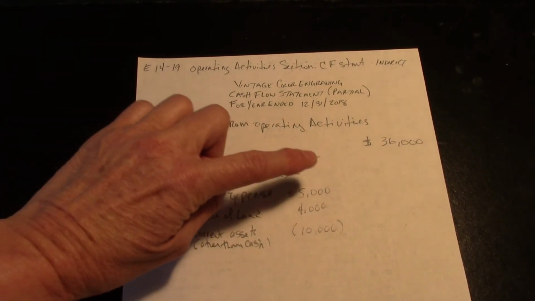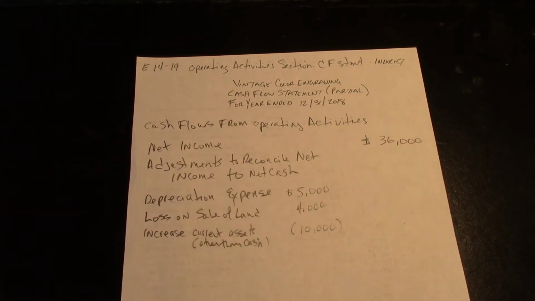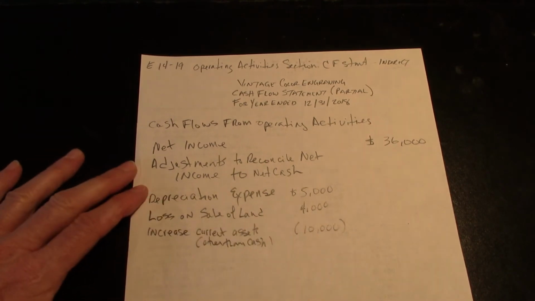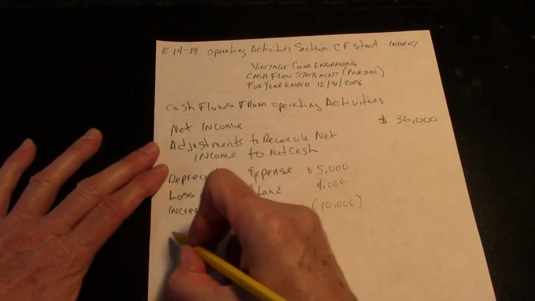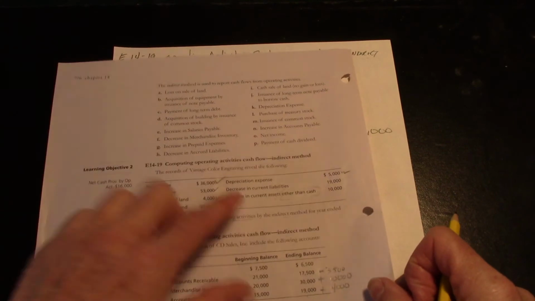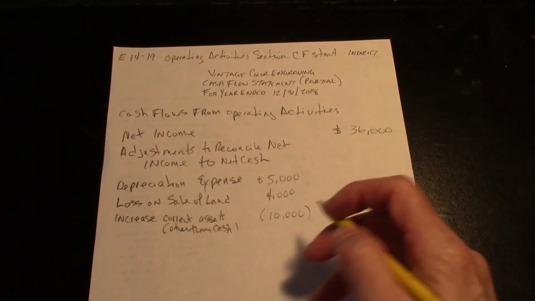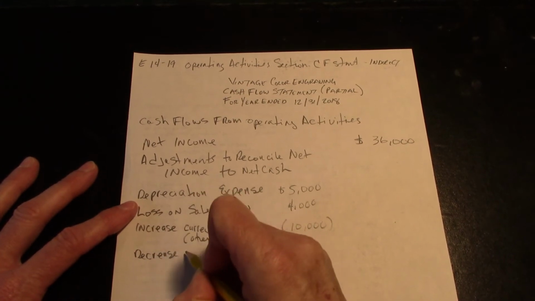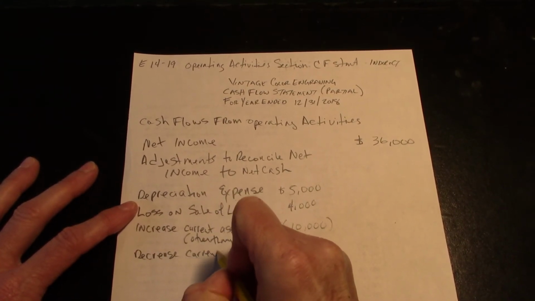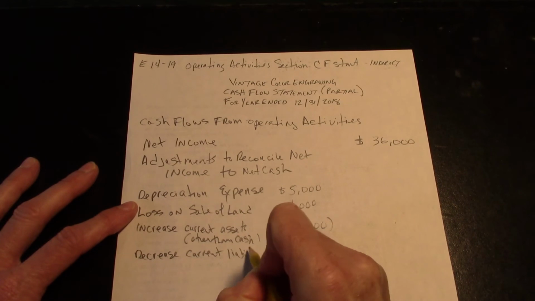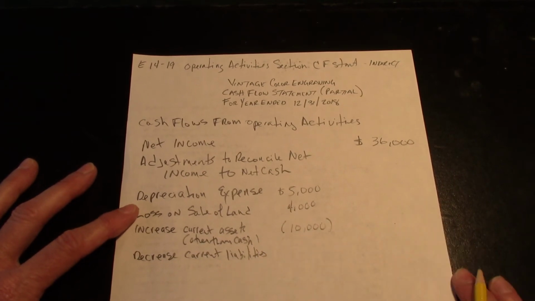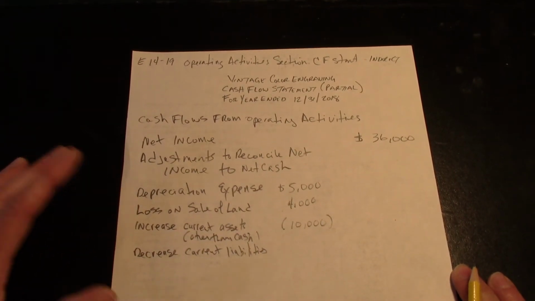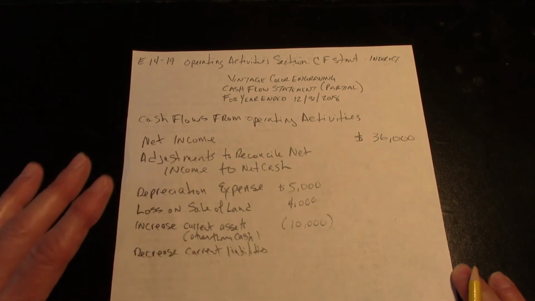All right, so we're going to add depreciation back in, add back in loss on sale of land, subtract the increase in current assets, and the only other thing we have is a decrease in current liabilities. Okay, so decrease in current liabilities. So those are things like accounts payable, unearned revenue, your accruals like taxes payable, salaries payable, things like that.